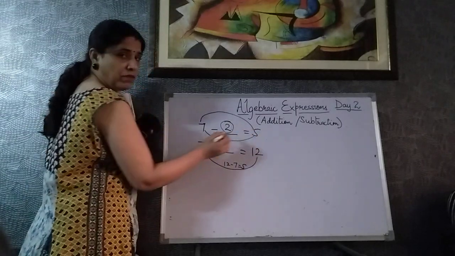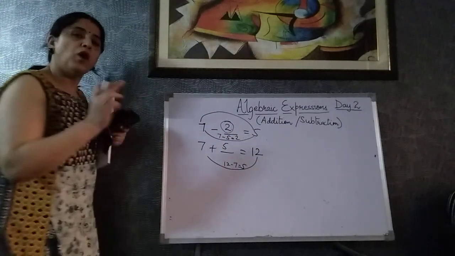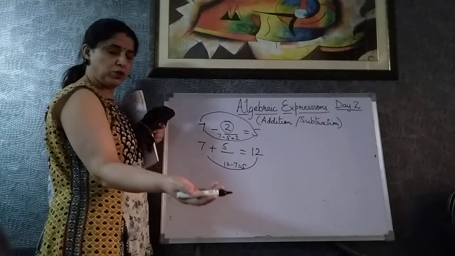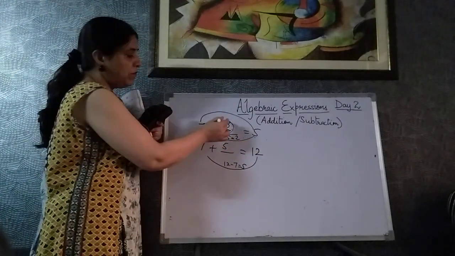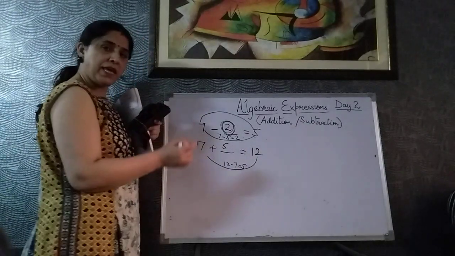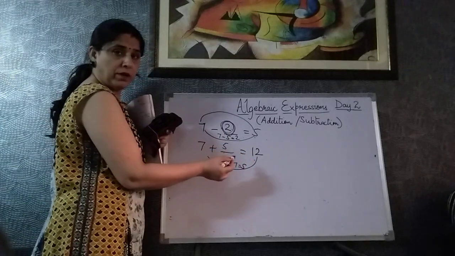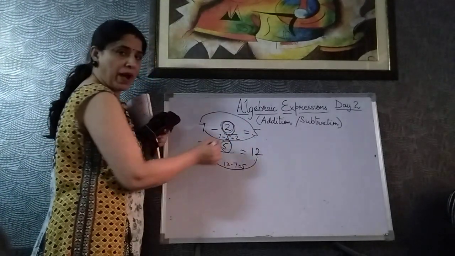We are subtracting first expression minus second. So what should be subtracted from this to get this expression also? First expression minus second expression will give you what should be subtracted. And when they are saying what should be added to 7 to get 12, how did we get this 5? Yes, this is 12 minus 7.